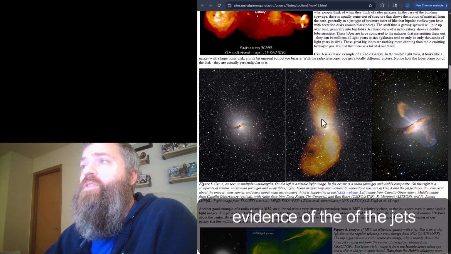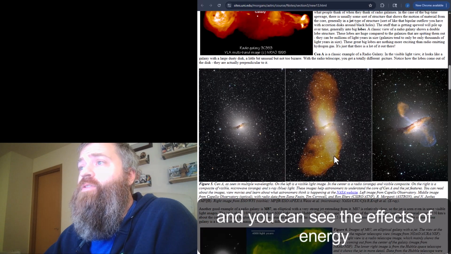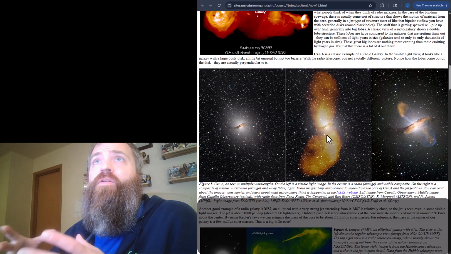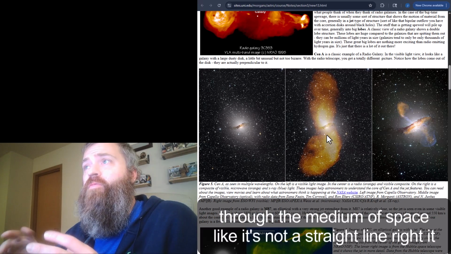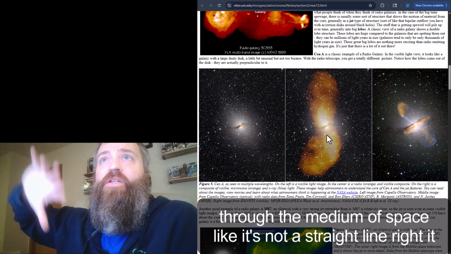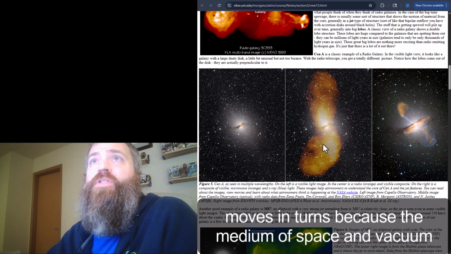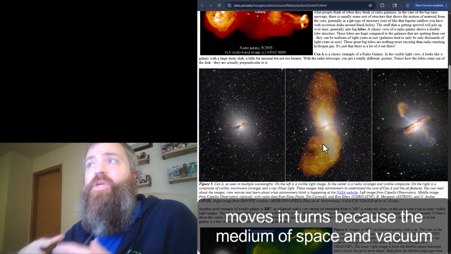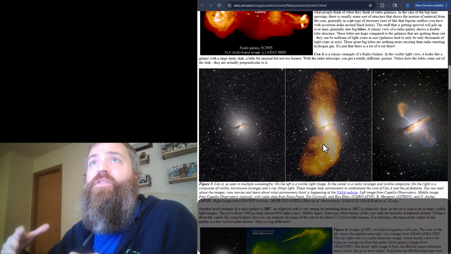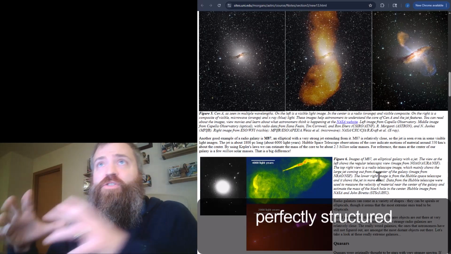You can see the evidence of the jets, and you can see the effects of energy through the medium of space. It's not a straight line, right? It actually moves and turns because the medium of space and vacuum itself is not perfectly empty, not perfectly structured.